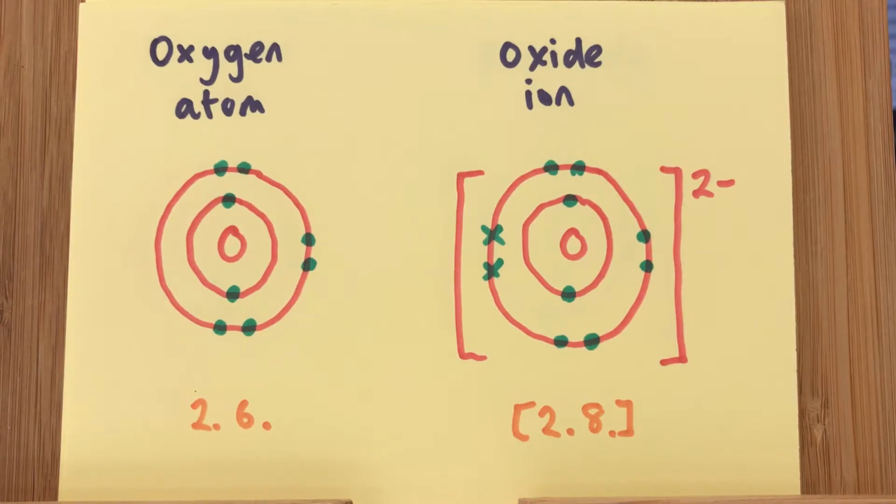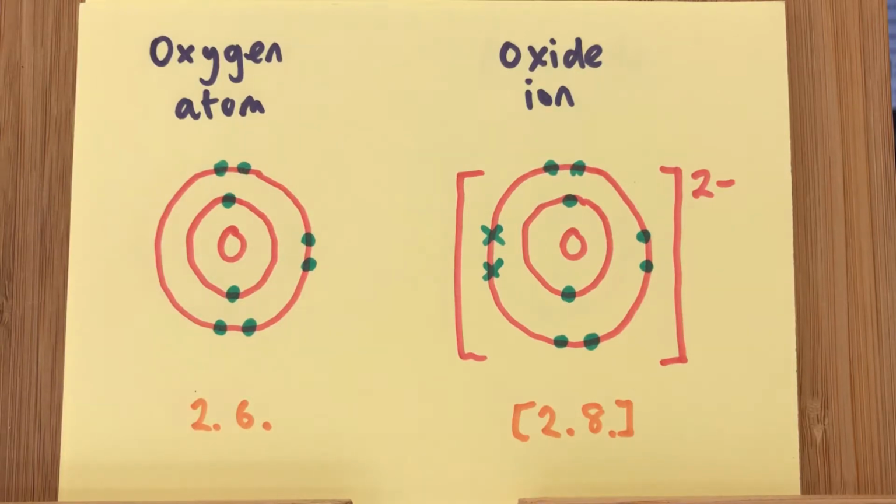And then when it becomes an oxide ion, so again the ending has changed there with the non-metals, you can see the 2 extra electrons it's gained to complete that outer shell with the 2 crosses there. And because those electrons are negative, we have a 2- charge on the outside of those squared brackets. So those are some of the common ions that are formed.